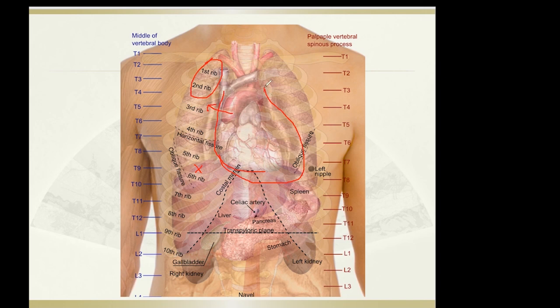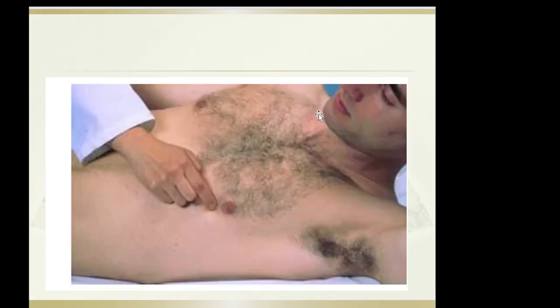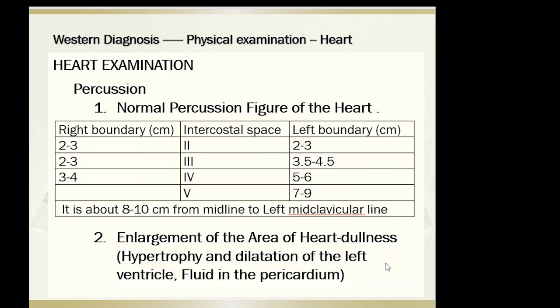Or maybe a big tumor on this side will push the heart to the other side. So why is the heart size or heart location changing? Both sickness or illness could happen. So that's why we're looking at how big the heart is and where it is located.